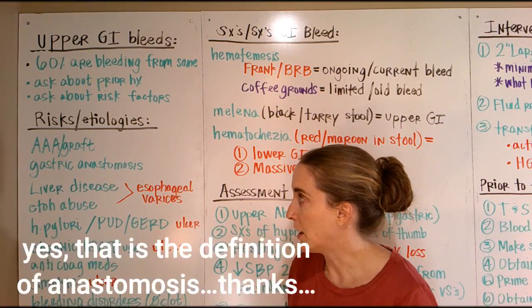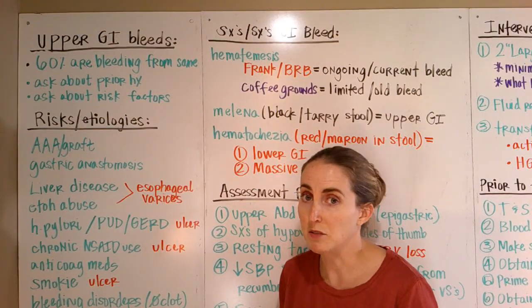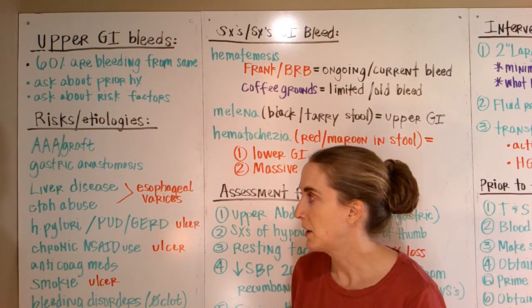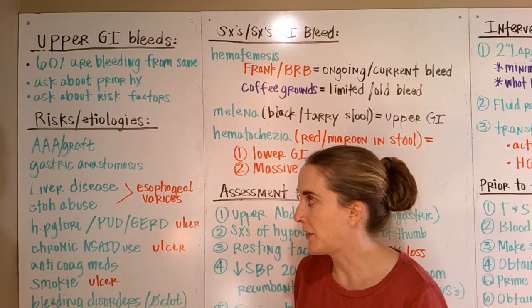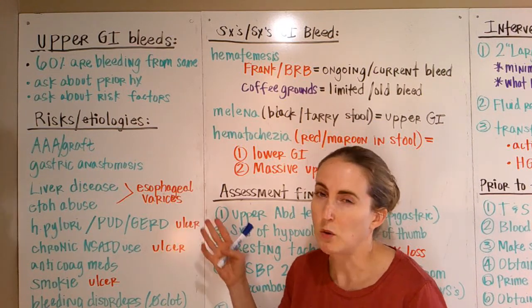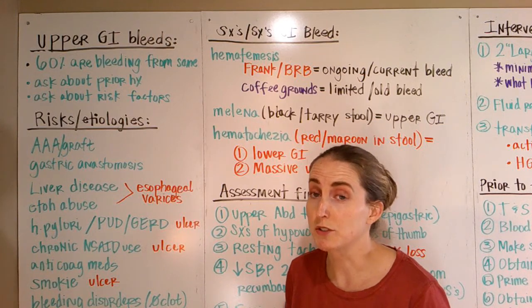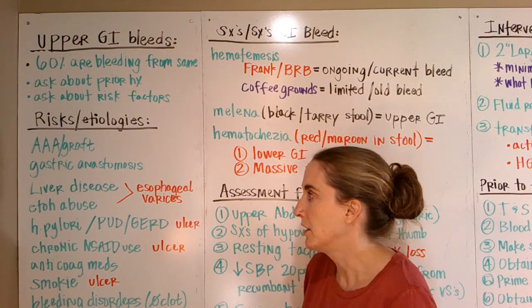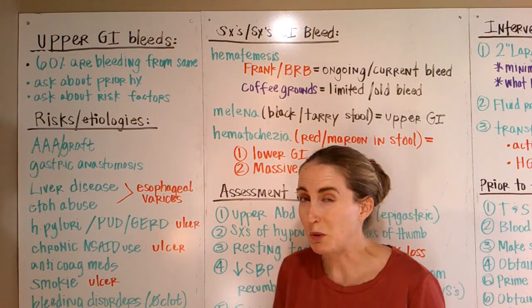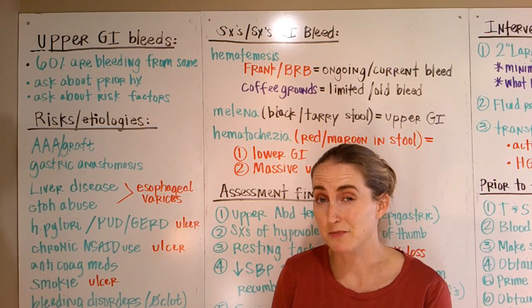Okay. And then our liver disease folks, those guys can bleed pretty good with an upper GI bleed, and then alcohol abuse, because both of them cause liver disease or can cause liver disease. Alcohol abuse can cause ulcers as well, but esophageal varices are those big giant fire hoses or varicose veins inside the esophagus.